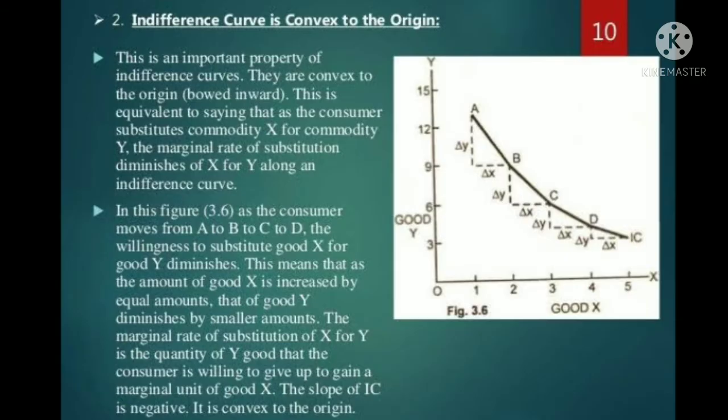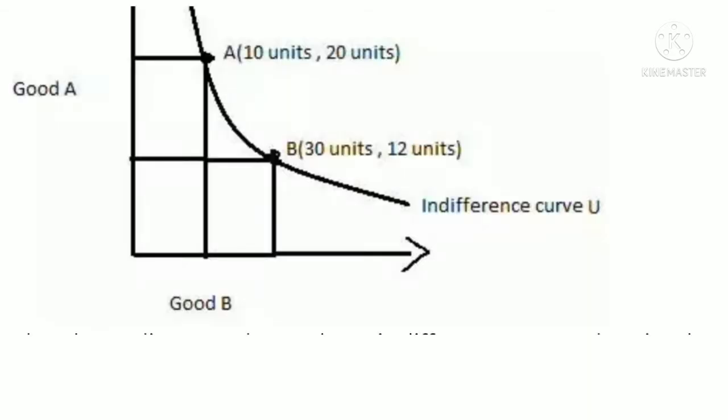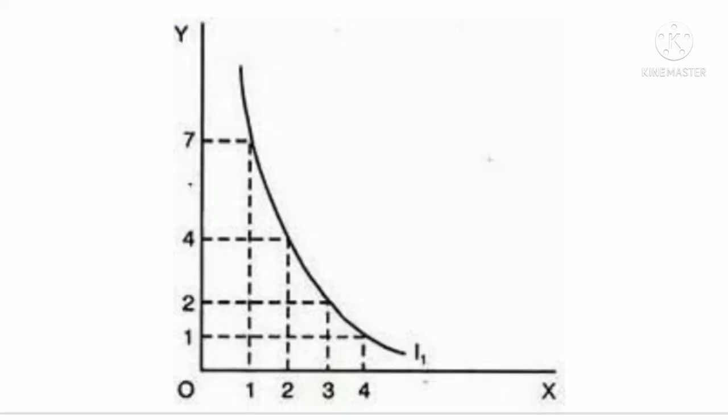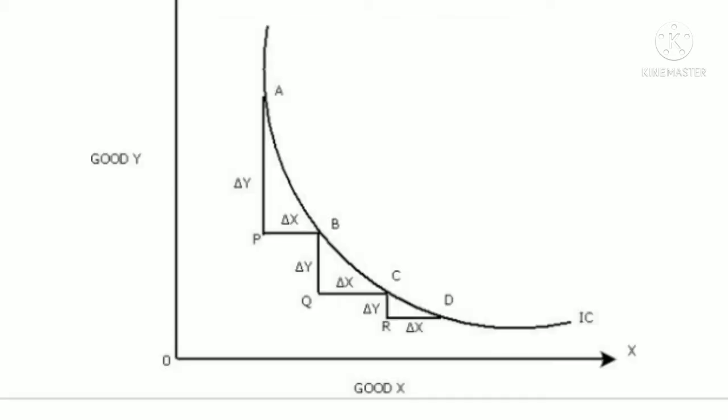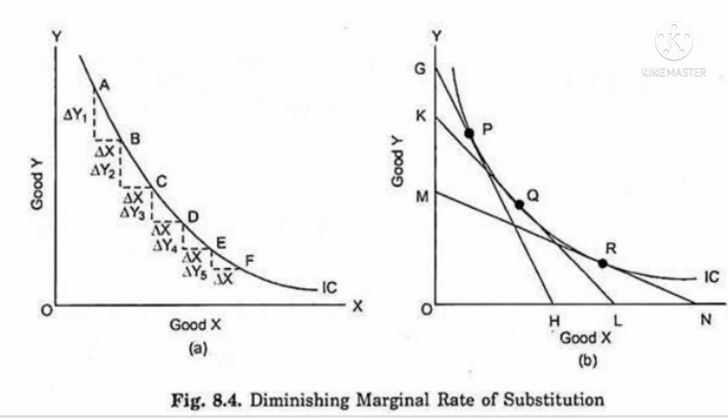Indifference curves are convex to the origin. This is because as the consumer substitutes one good for the other, the marginal rate of substitution between them goes on diminishing. Thus, due to the diminishing marginal rate of substitution, the ICs are convex to the origin.